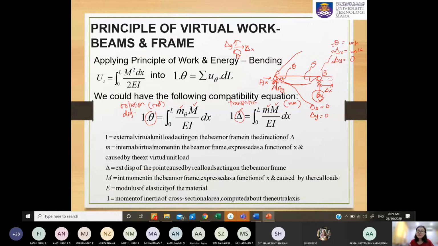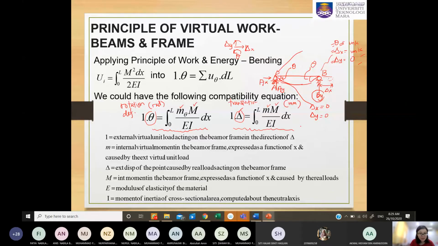Whenever you want to determine this theta, you use this equation. Later I am going to let you know the procedure of how to get this theta done. And to get the delta x or delta y, you use this equation.